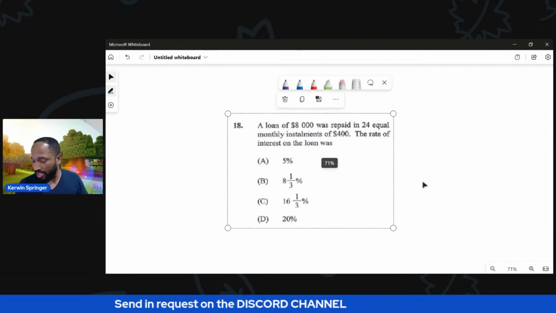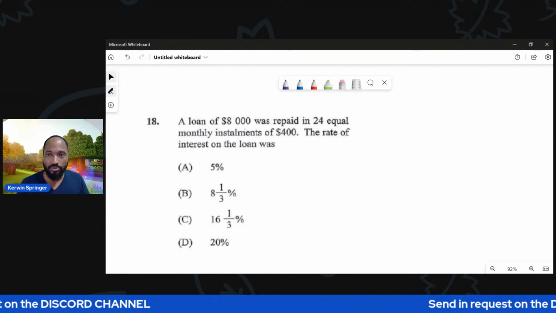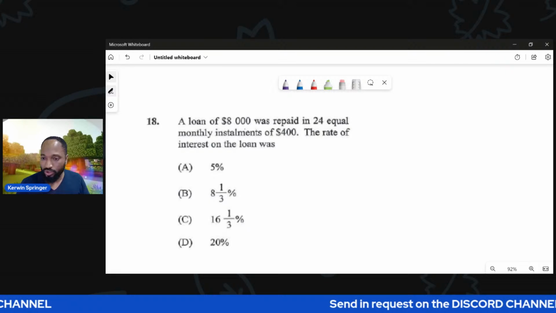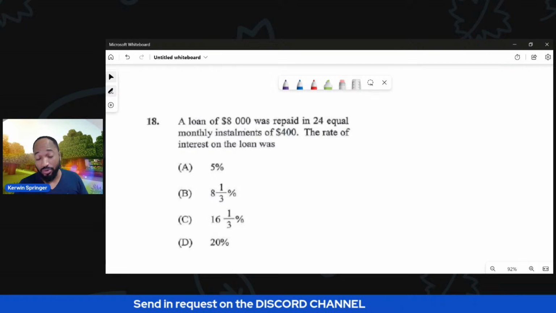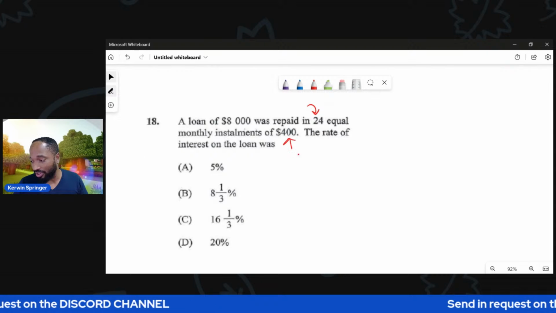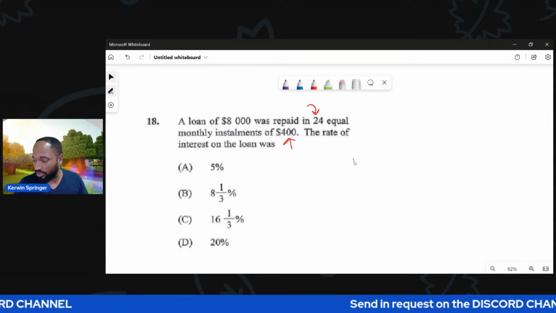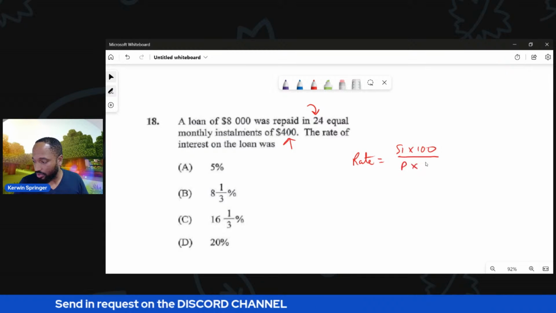A loan of 8,000 was repaid in 12. Oh, sorry, it was repaid in 24. 24, yeah, my bad. Equal monthly installments of 400. The rate on the interest of the loan is equal to simple interest times 100 over principal by time.